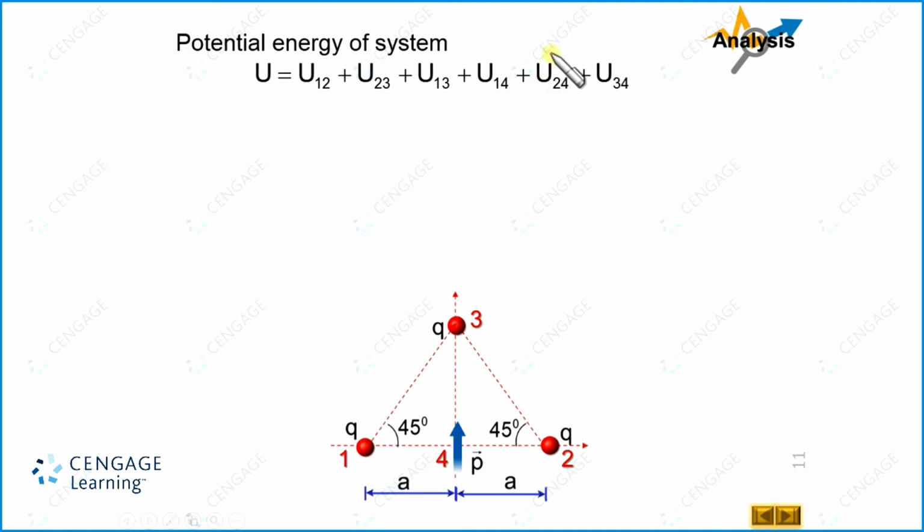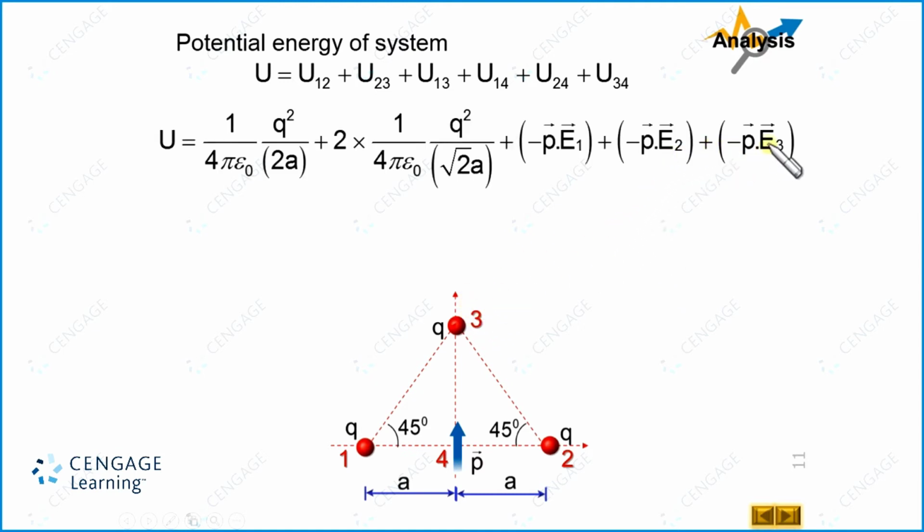For U24 we can write minus P dot E2, right? And similarly for U34, that means dipole and charged particle, we can write the same formula, that is minus P dot E3. So this is the expression for the potential energy.